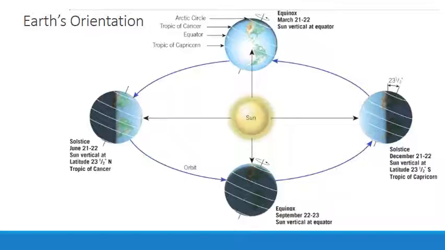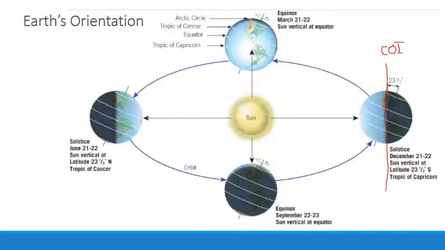The axis is tilted at about 23.5 degrees away from the perpendicular to the plane of the ecliptic. Here we can see the circle of illumination, the COI, and it is perpendicular to the plane of the ecliptic.